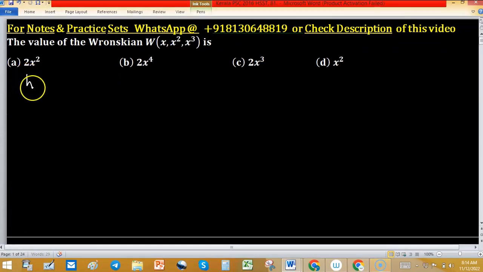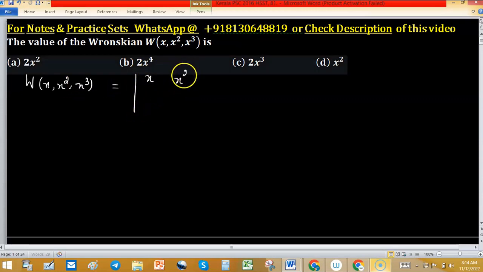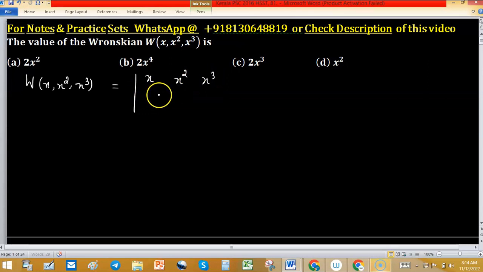The value of the Wronskian W of x, x square, x cube. There are 3 functions and the Wronskian is the determinant of these, meaning x, x square, x cube and their respective derivatives 1, 2x, 3x square, and 0, 2, 6x. Now expand this determinant along the first column.